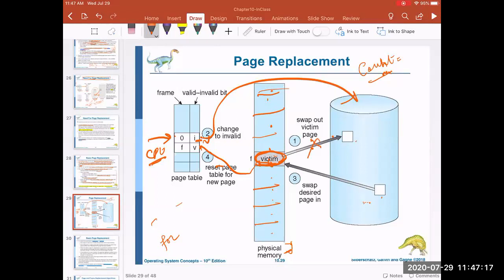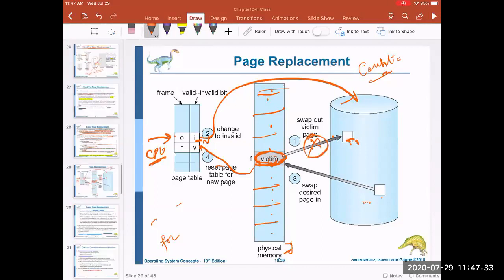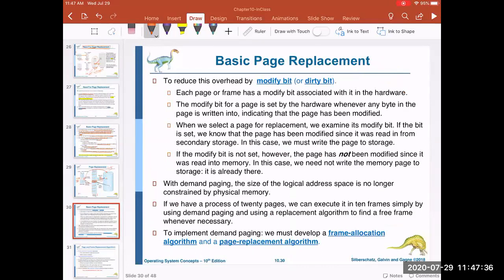If it is not modified, whatever is here is the same as here. If it is modified, this is different from what is here. So if not modified, we can skip this step. That's what the modify bit is. To reduce this overhead, a modify bit is added for each page or frame.